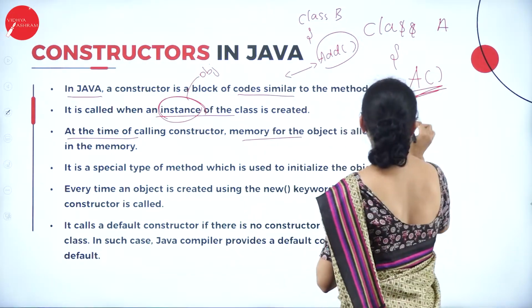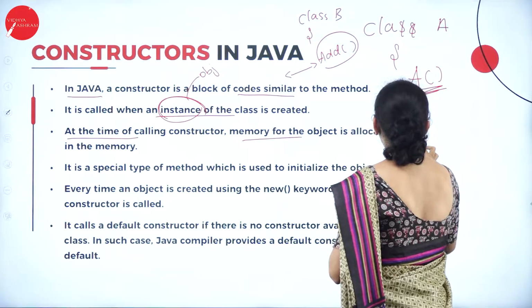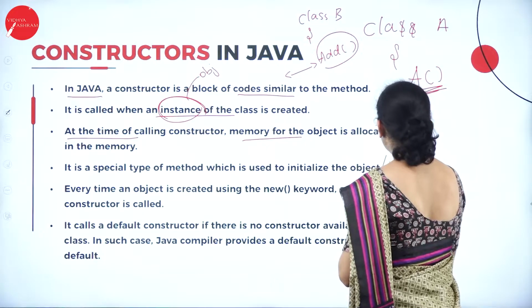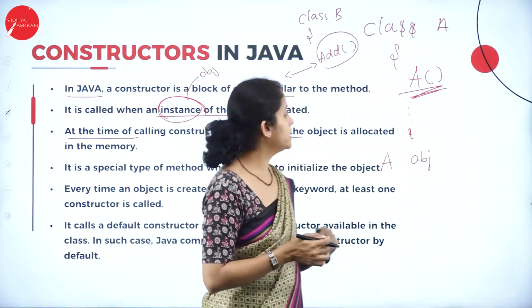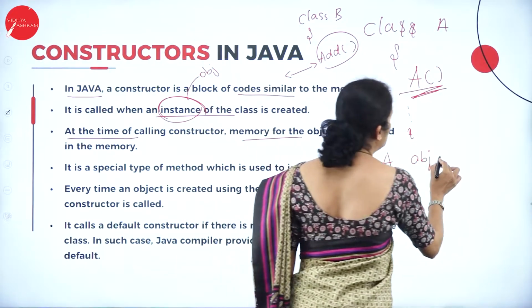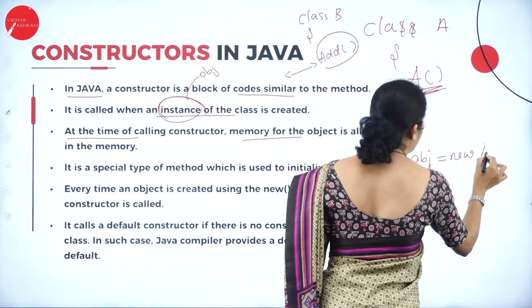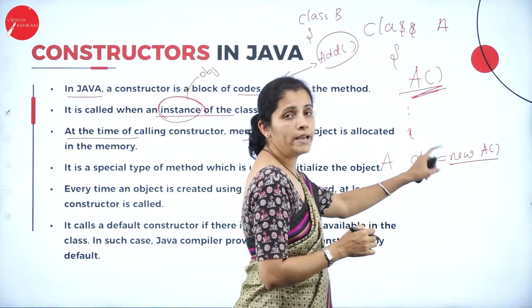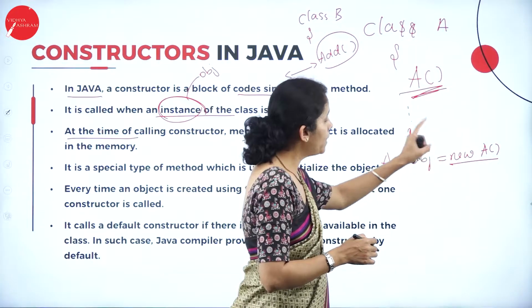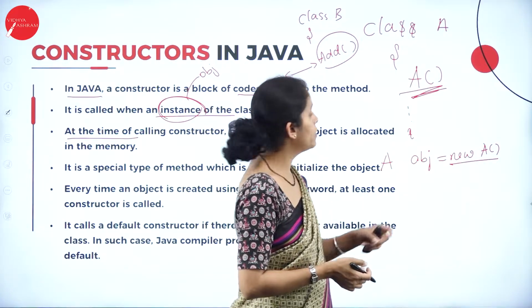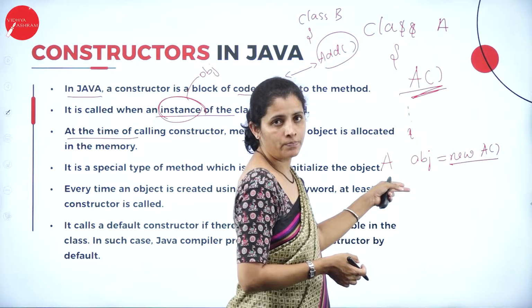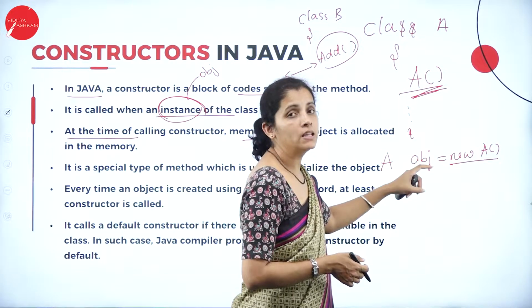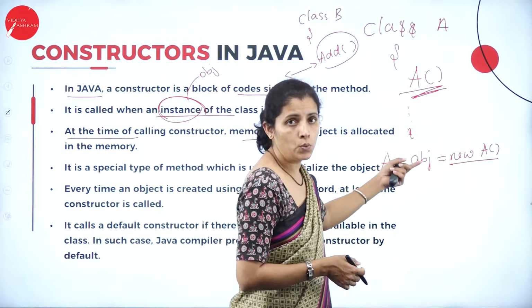So, dear student, for example, I'm going to create an object obj of type A. Here A is nothing but the class name, equal to new A. When I call the new operator to create the object, at the same time the constructors get invoked.